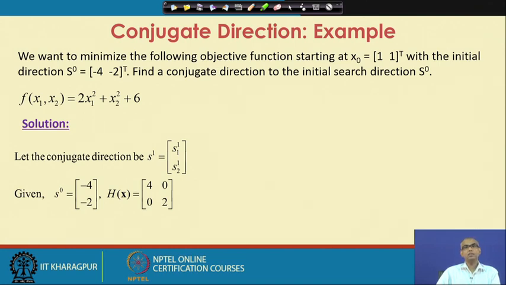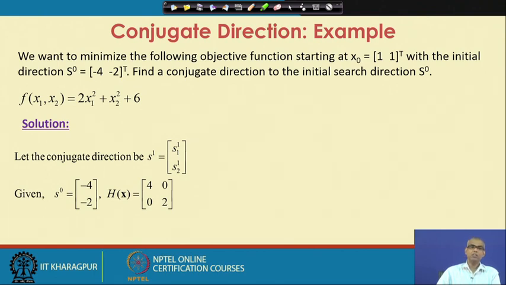Please note the notation used for the two components of the search direction vector S1. It is given that the initial search direction S0 equal to (-4, -2), and the objective function is 2x1 square plus x2 square plus 6.